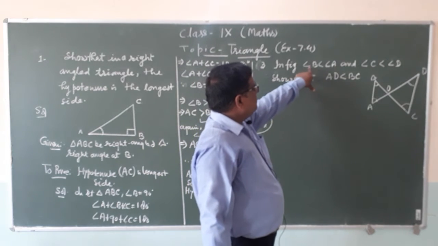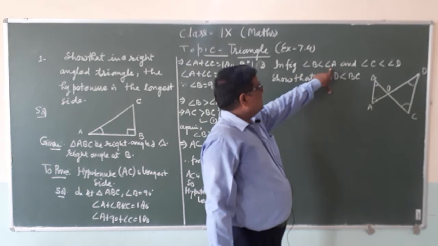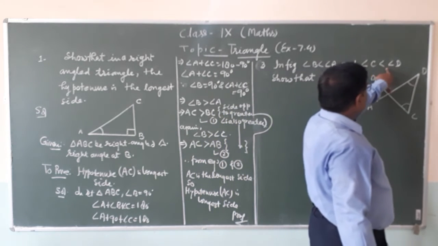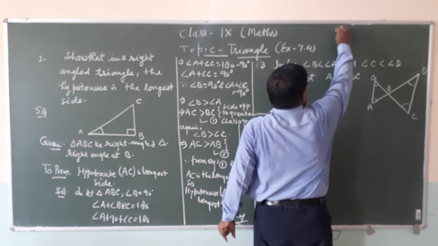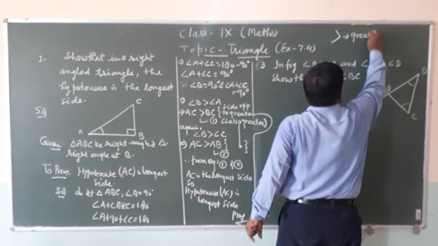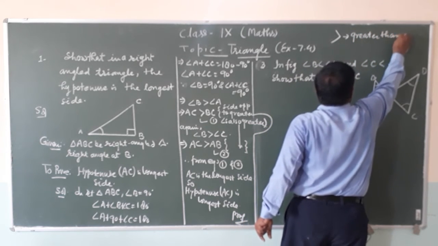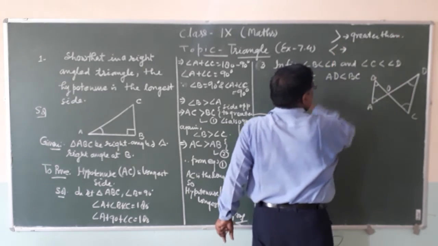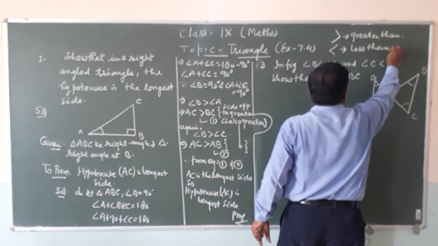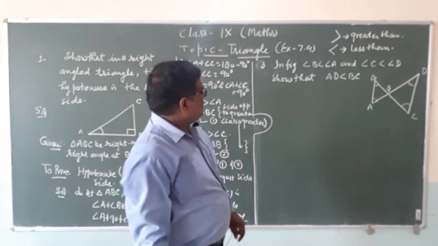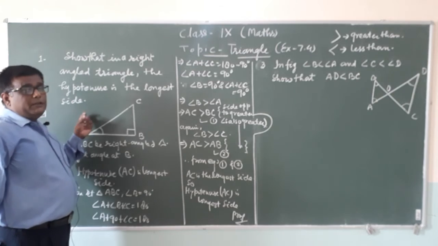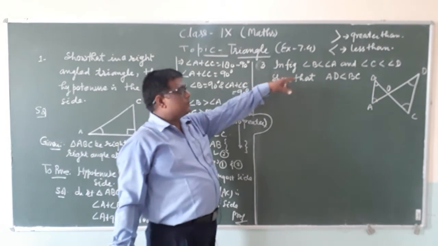In the figure, angle B is less than angle A and angle C is less than angle D. If the symbol opens this way, we write greater than, and if it opens the other way, that is less than. On the basis of question number 1, we will now show how to prove question number 3.